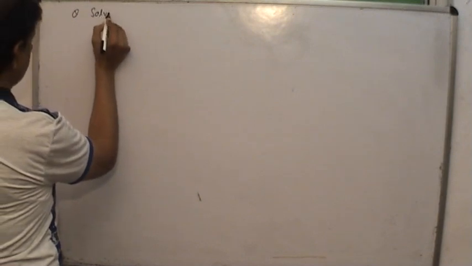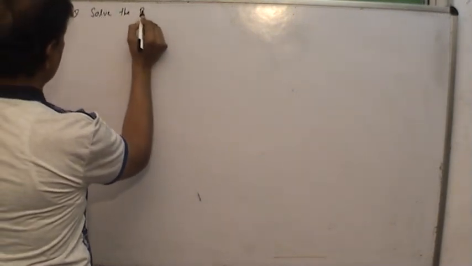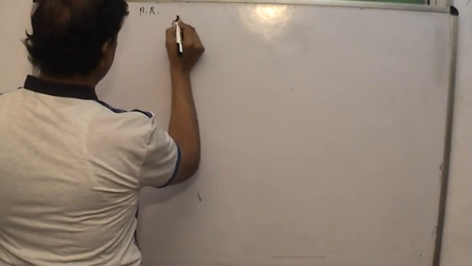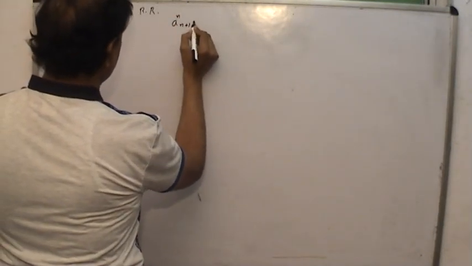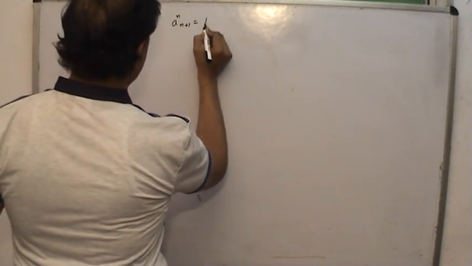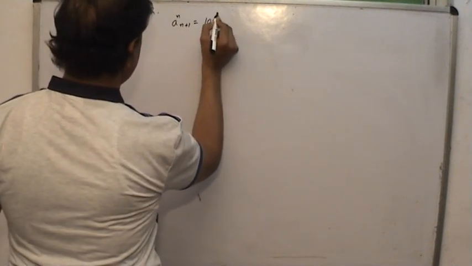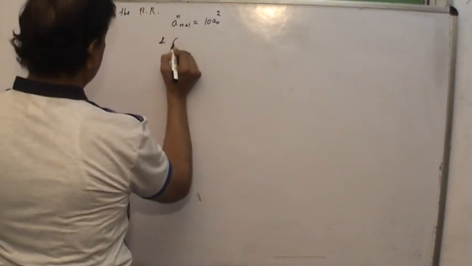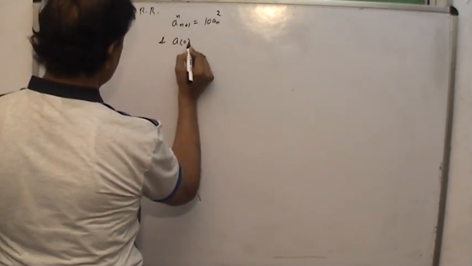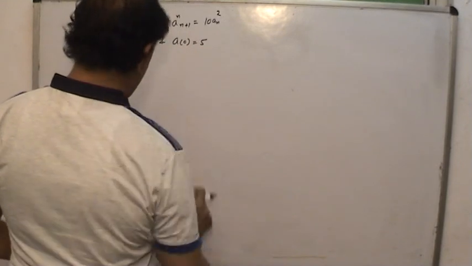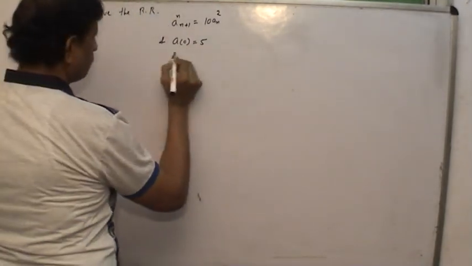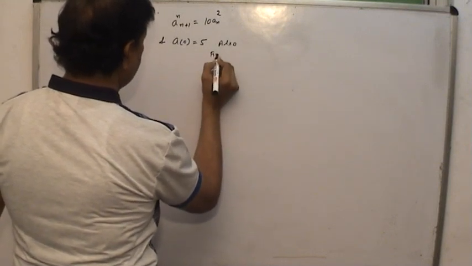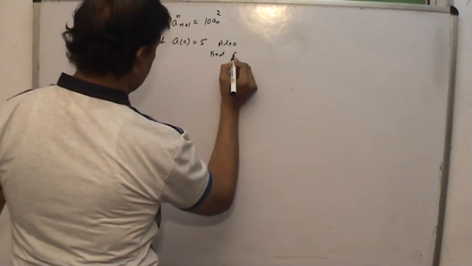Solve the recurrence relation a square n plus 1 is equal to 10 times a square n, and a0 is equal to 5. Also find a6.